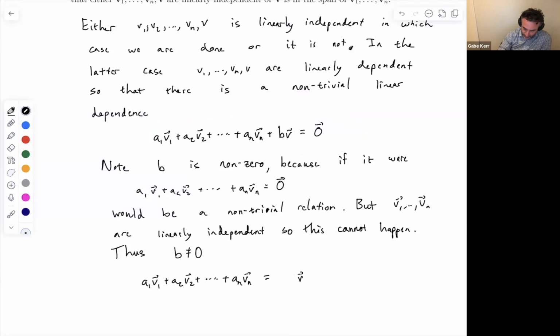When I divide, I get negative A1 over B, negative A2 over B, negative An over B. And look what just happened.